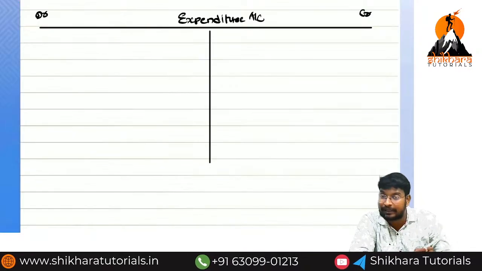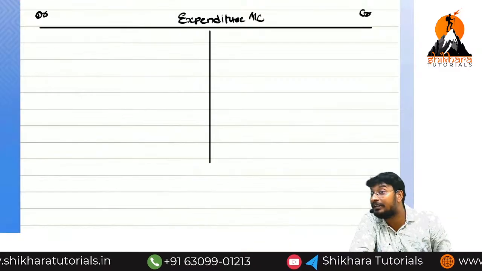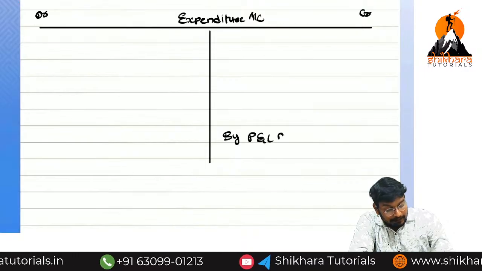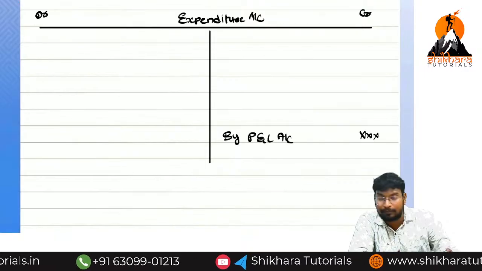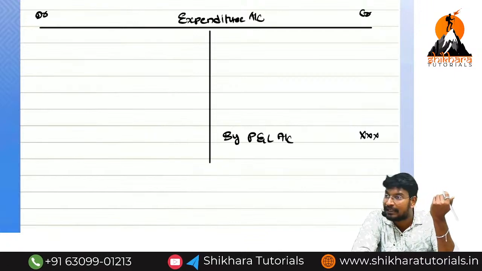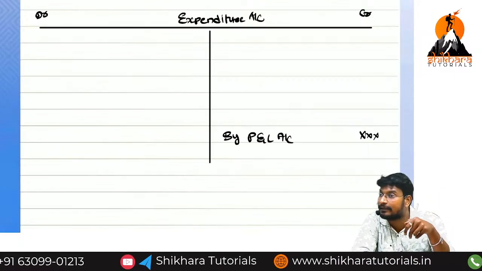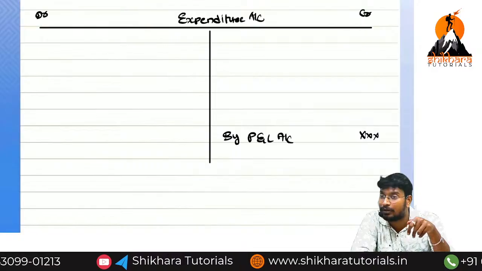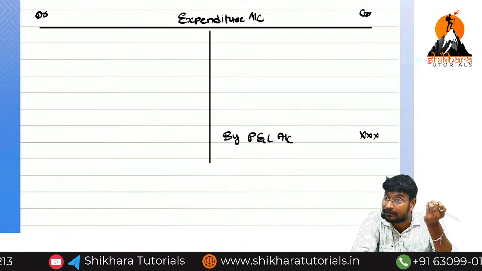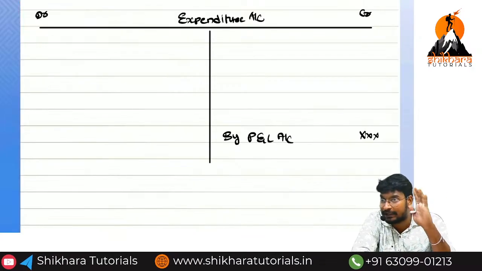So we should not write To balance brought down; what we need to write is By P&L account. Why? Because we are not writing by balance carried on, so we should not write to balance brought down. Instead of writing by balance carried on, we write P&L account. Are you getting the point?